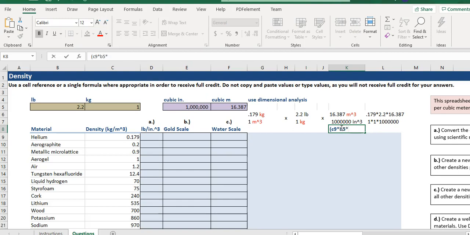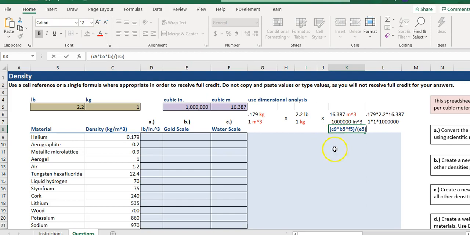The 16.387 is located in F5. Now, the two ones really don't matter, so I can leave the two ones off, because 1 times 1 doesn't change anything, but that 1 million is important. That 1 million is located in E5, so I'm going to put the E5 in there.